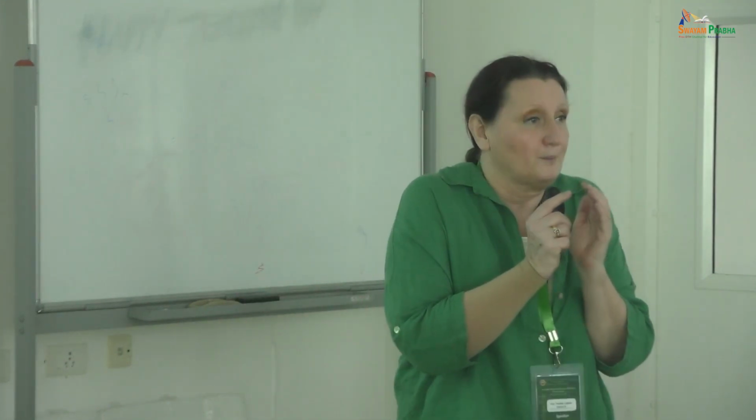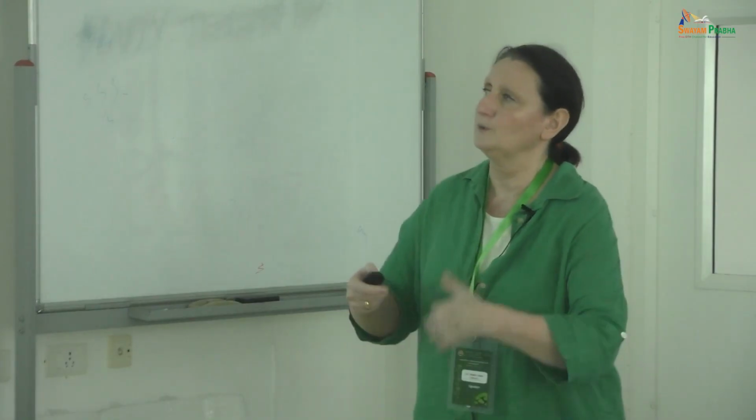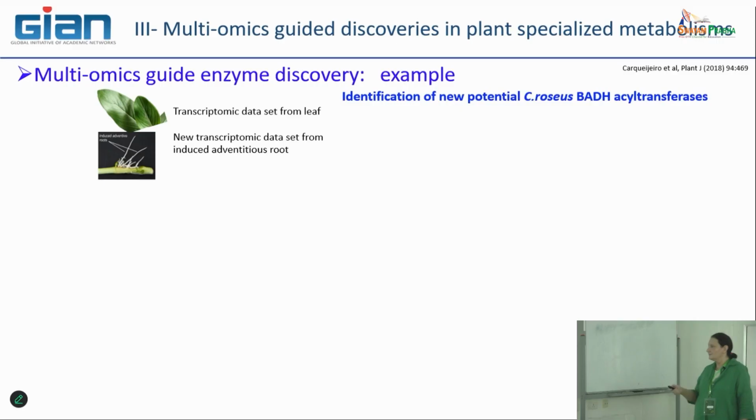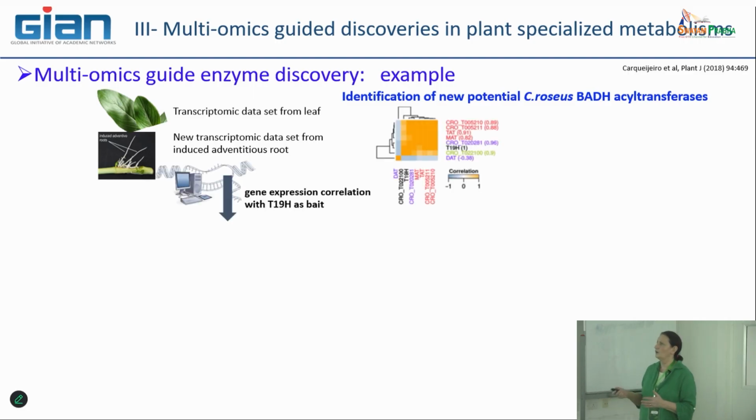That means we wanted to combine several transcriptomic datasets in order to have a bigger representation of transcripts, not just a small snapshot of the transcriptome in one condition. The strategy we developed afterwards is to correlate the expression of the genes in this transcriptomic bank with one of the genes that has served as a bait.